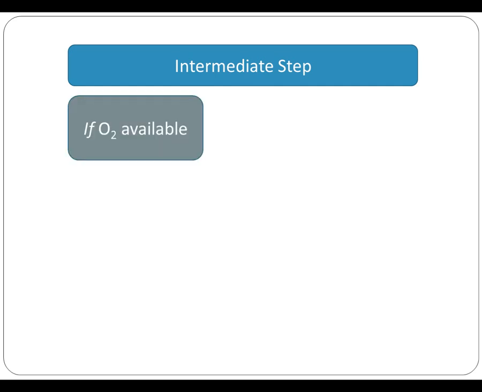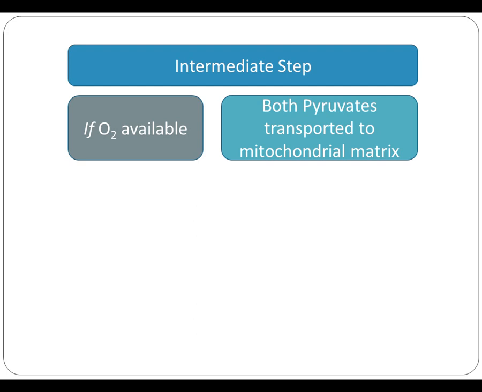Here's the big key right here. I want you to put the big "if" and underline it. If things are good and oxygen's available, then this will happen. Then each pyruvate molecule will be transported into the mitochondrial matrix. That's a big if.